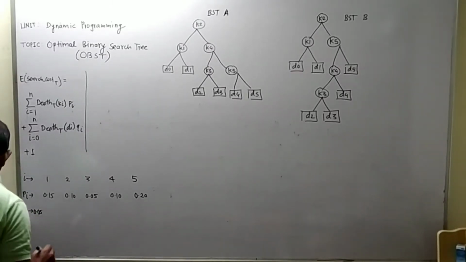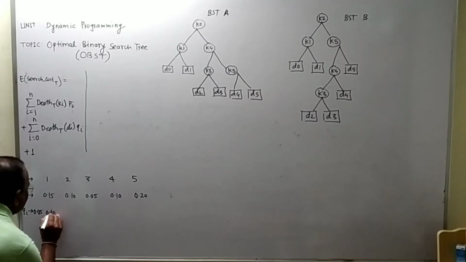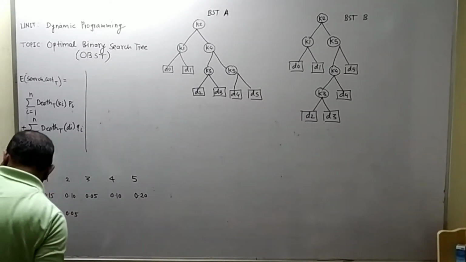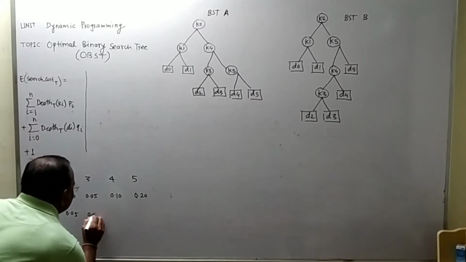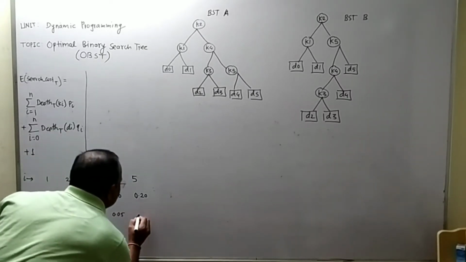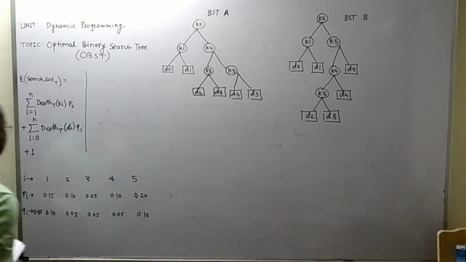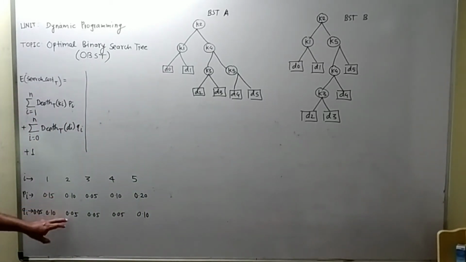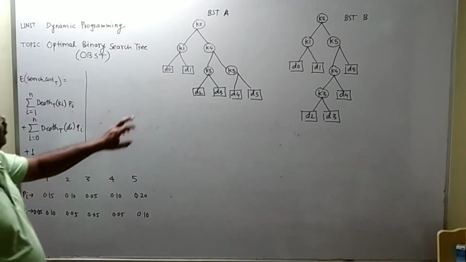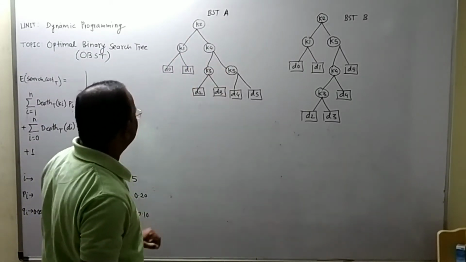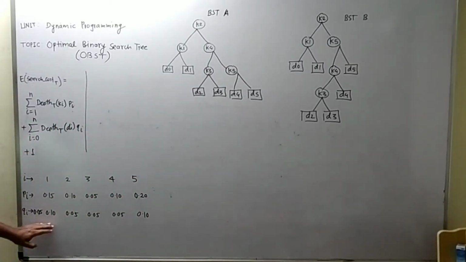0.05, 0.10, 0.05, 0.05, 0.05, 0.10. So taking the reference of the probabilities of actual keys and the dummy keys, there are 5 actual keys, K1, K2, K3, K4 and K5, which means there will be 6 dummy keys.